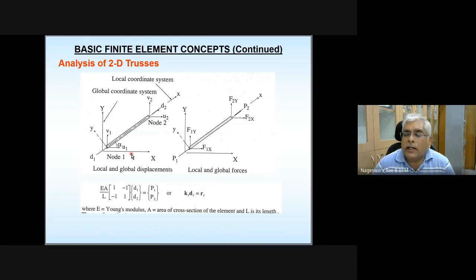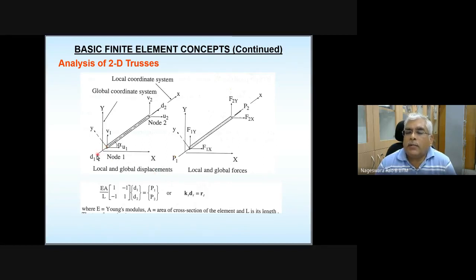You need to resolve D1 along the horizontal direction and the vertical direction using this alpha. What is its component using that alpha? So is this clear? Now we need to find that relation.